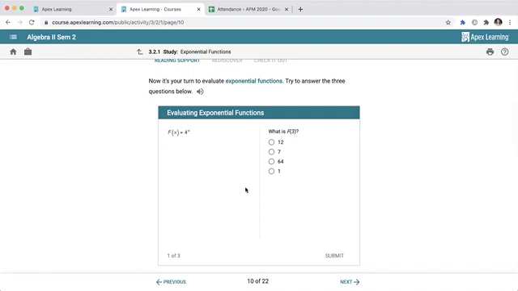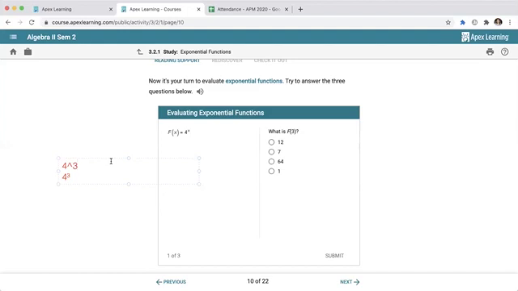Hopefully not too terribly difficult. If you forgot, there is a caret button, so you could plug this into your calculator as 4 caret 3. If you've got a more advanced calculator, you could write it as you actually see it, 4 to the 3rd with a superscript.